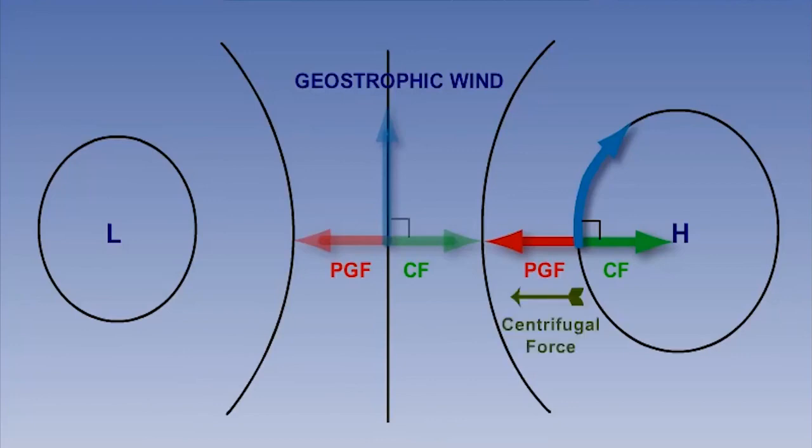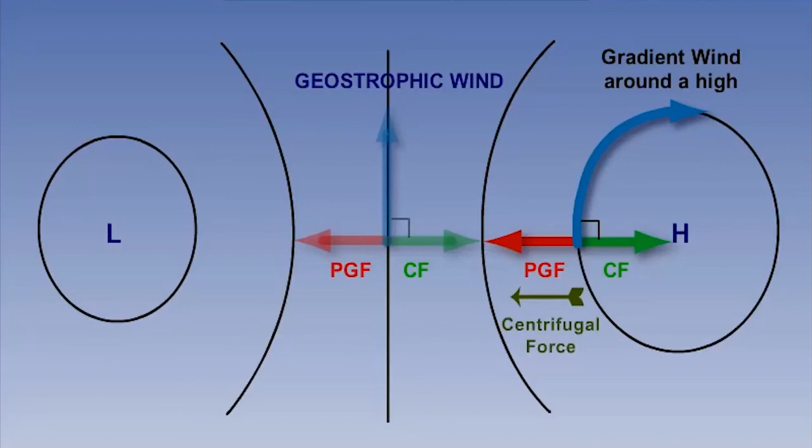Notice the outward acting centrifugal force is helping the pressure gradient force. This will increase the wind speed. Therefore, as a result of the additional force, the gradient wind around a high is faster than the geostrophic, even though the isobar spacing of the two winds is the same.